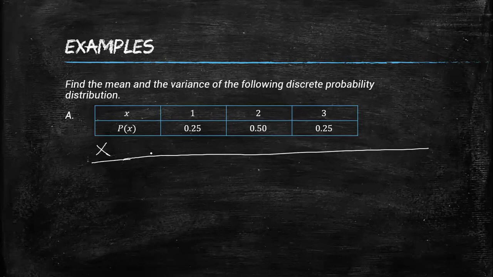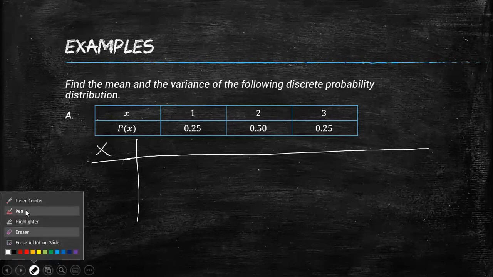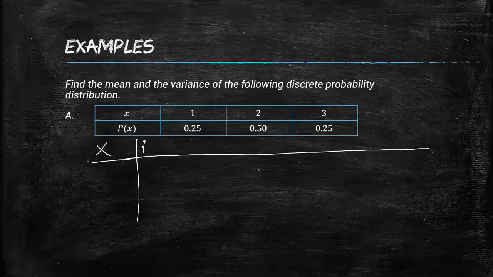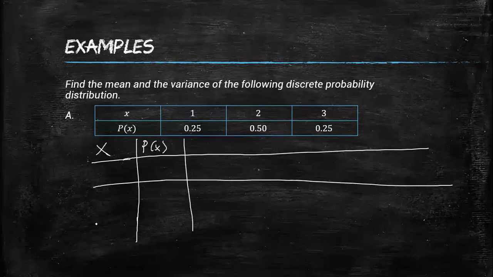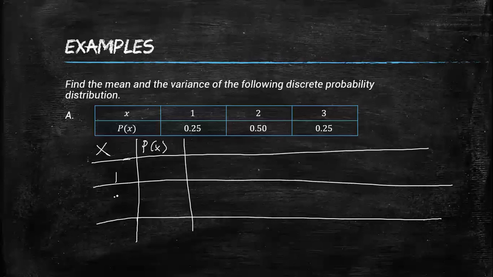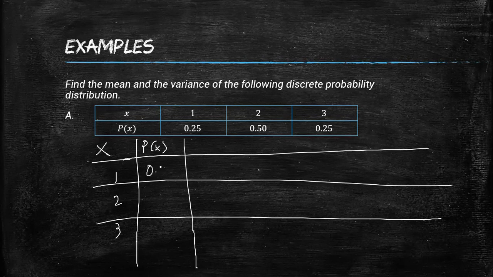X, P of X. And then, isulat lang natin yung table. Gawin natin 1, 2, 3. And then, ano yung probability na kina-correspond niya? So, we have 0.25, 0.50, and 0.25.